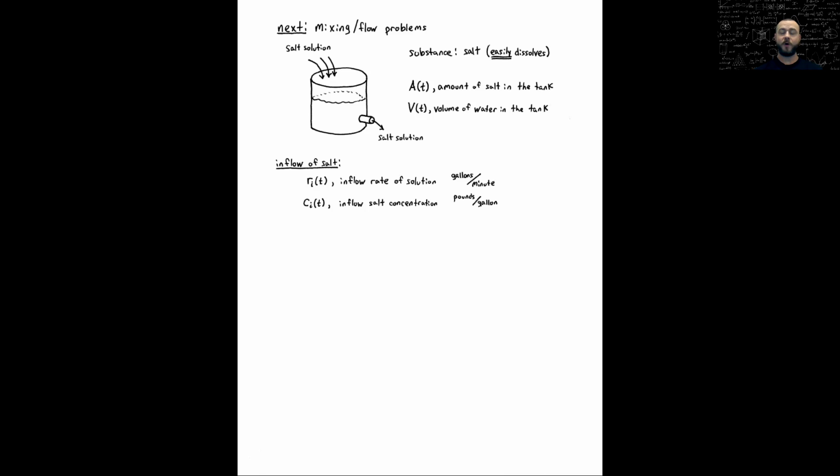All right, and what we want to do is find a way to combine those together to get appropriate units for the inflow of salt. And we would want that to have units of pounds per minute. So pause if needed and see how you might combine those quantities to get units of pounds per minute. We'll check in a few seconds.